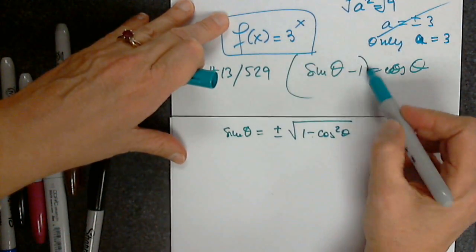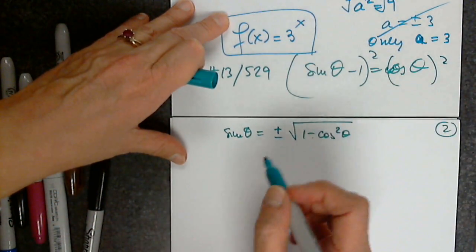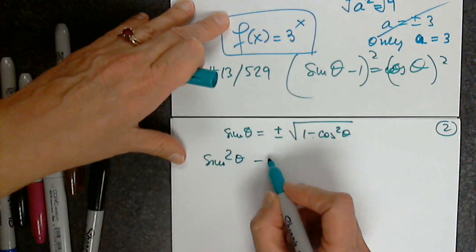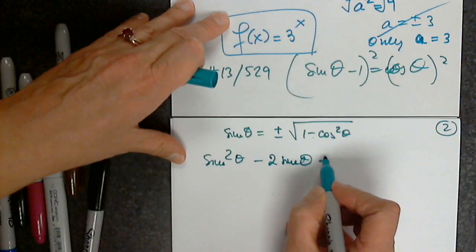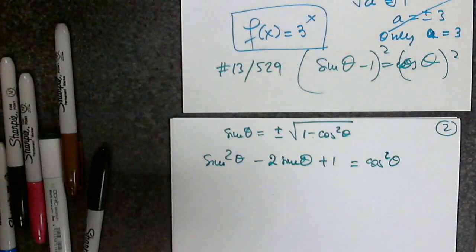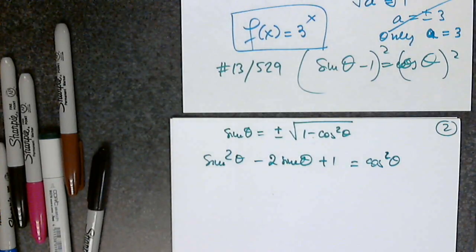If I square this and I square this, then the left-hand side is sine squared theta minus 2 sine theta plus 1, and the right-hand side becomes cosine squared theta. Therefore, now I'm in business. Why? I can change this into 1 minus sine squared.